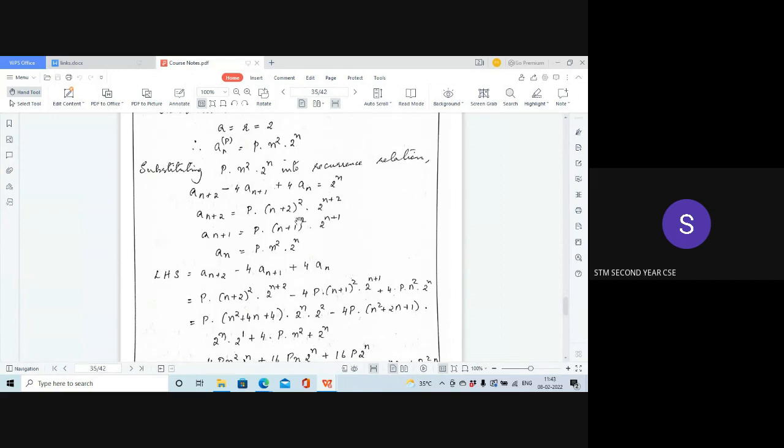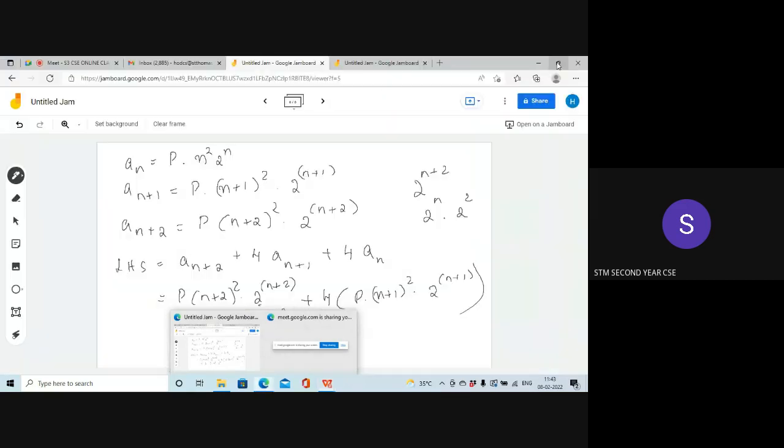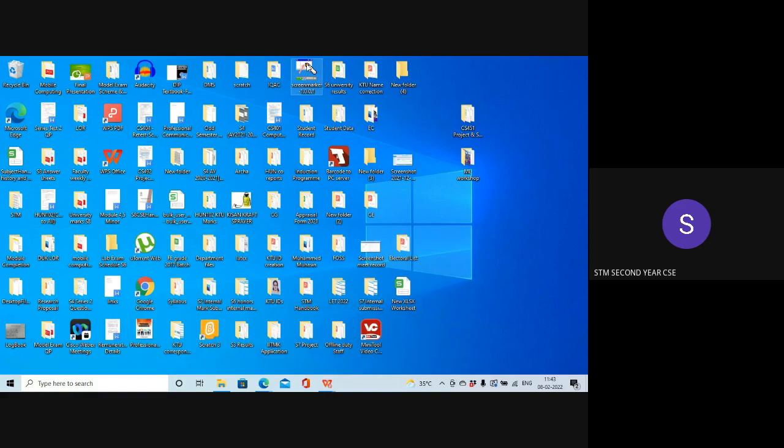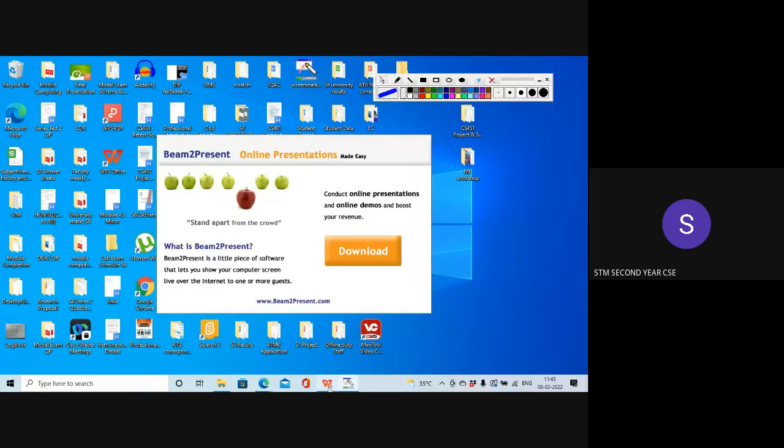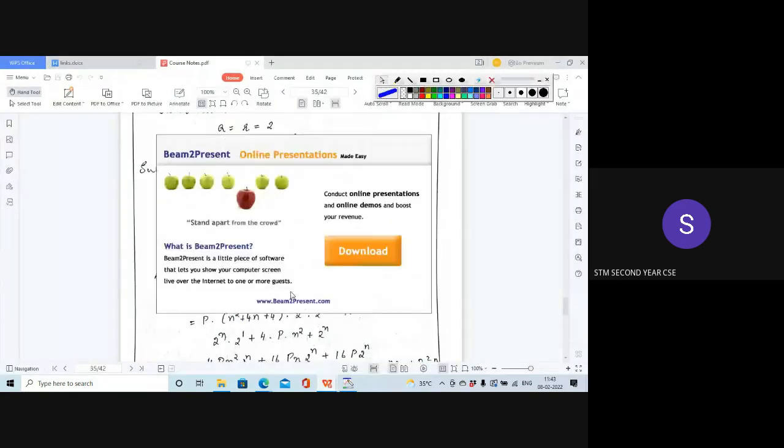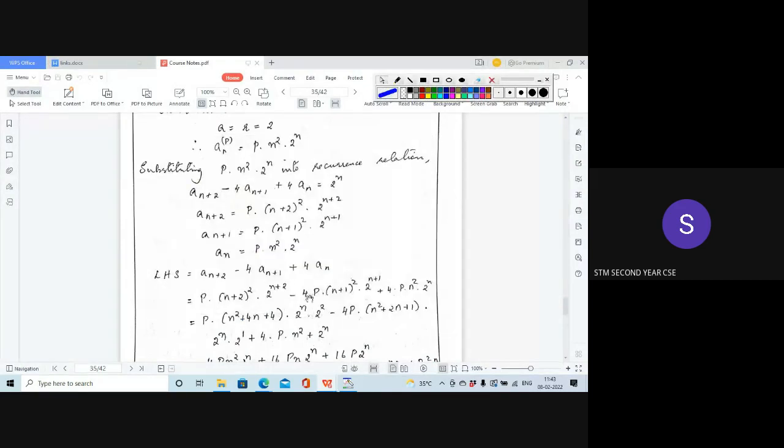See, this is what we are doing now. We had reached this step. We had substituted for all these values, isn't it?